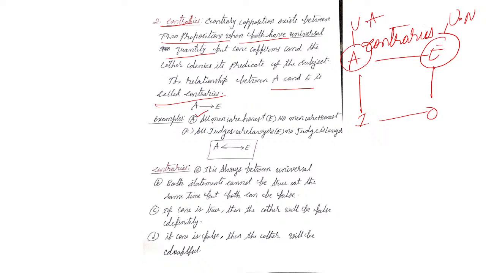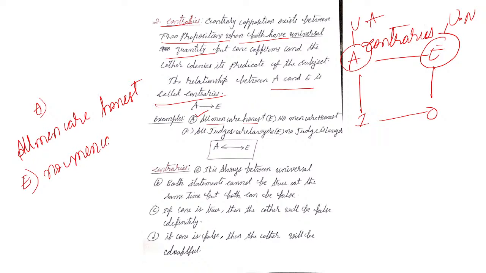Contraries examples are: A type statement is all men are honest. And E type statement is no men are honest.